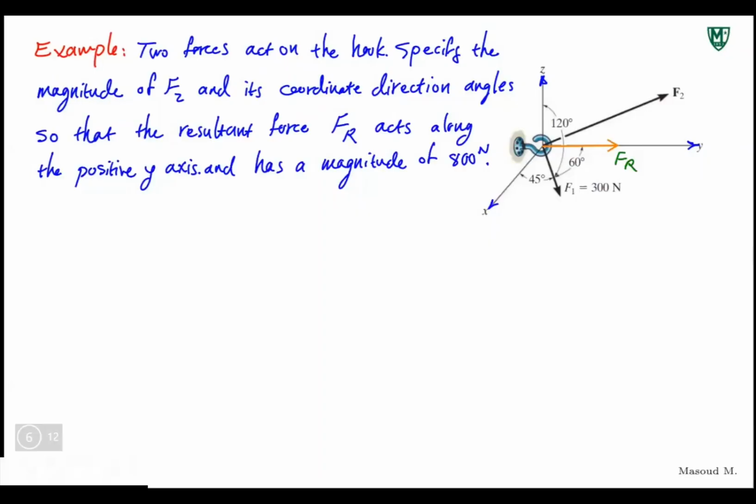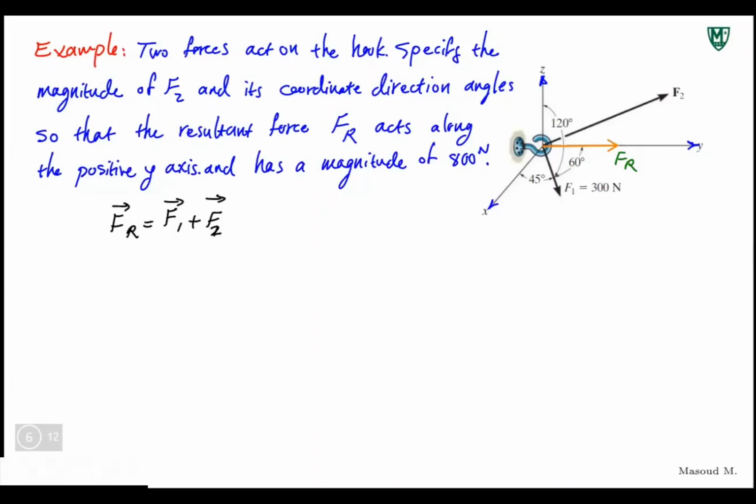So I'm going to follow pretty much what we discussed. I know these are two vectors in 3 dimensions. You sum them up, you should get the resultant force. So FR is always true, is equal to the sum of F1 and F2.